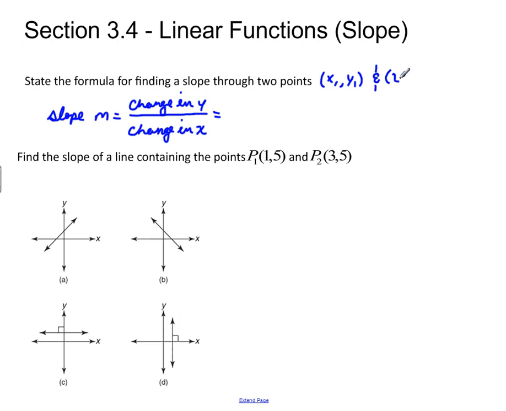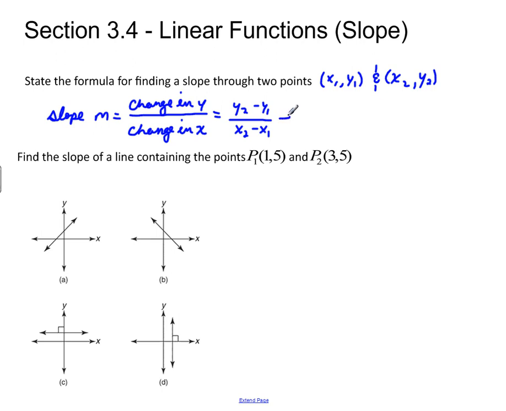So that's x2, y2. And so our change in y would be the difference, y2 minus y1, divided by x2 minus x1. So the change in y, y2 minus y1, over the change in x, x2 minus x1.